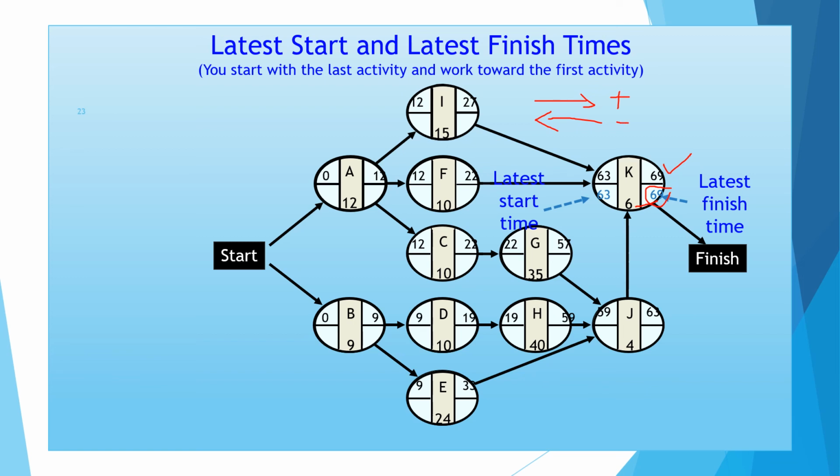So 69 minus 6, that is 63. That 63 is coming in the next. You can see this 63 is taken over here. This 63 is taken over here. This 63 is taken over here. 63 minus 10, 53.